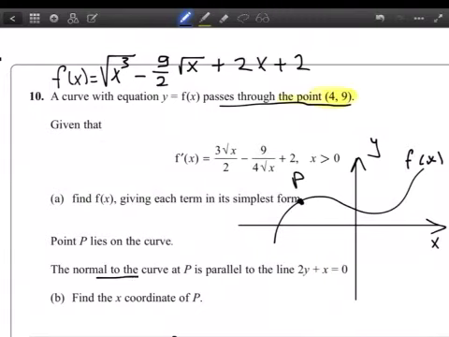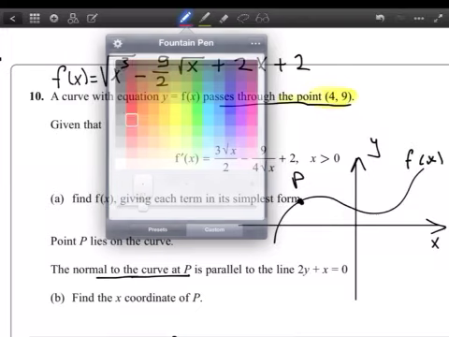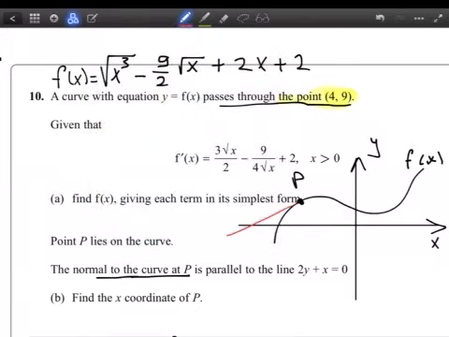The normal to the curve means what? We have a tangent at P. For example, this line is a tangent to the curve at the point P, and another line is perpendicular to the tangent at the point P. That is the tangent line, that is the normal.